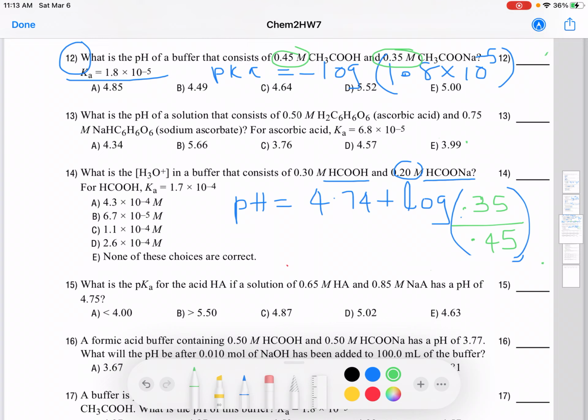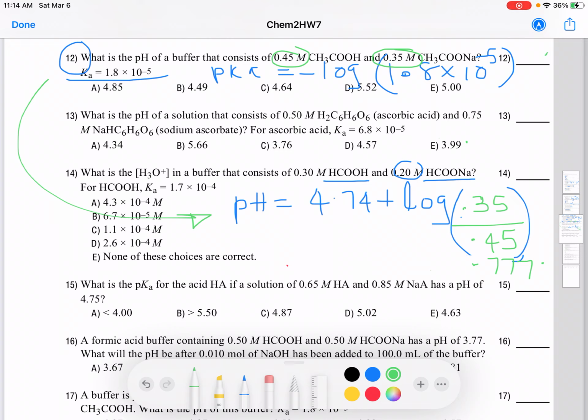This would be something like 0.777. Please check to see if my calculations are correct. Then take the log of that. That would be negative 0.109. So 4.74 minus 0.109 will give you the pH of the buffer, and this is for number 12.